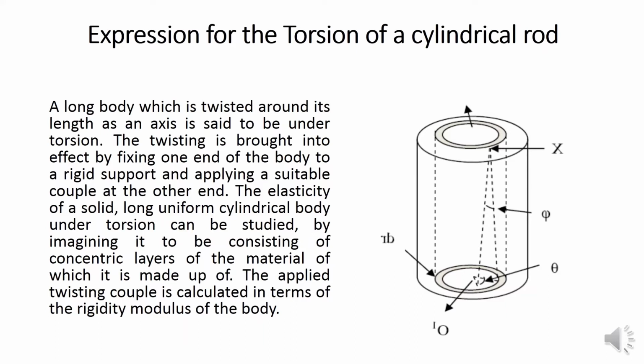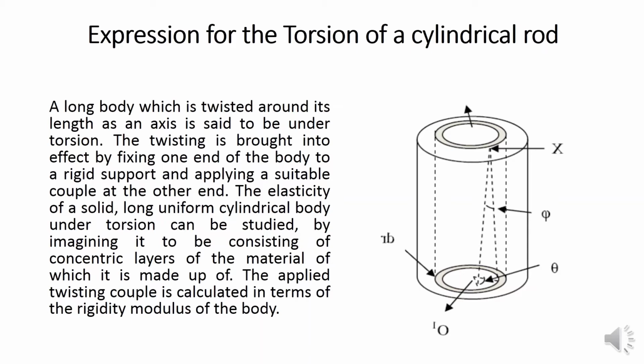See the diagram. We have a cylindrical structure here. Consider a long body which is twisted around its length as an axis, which is said to be under torsion. This twisting is brought into effect by fixing one end of the body to a rigid support and applying a suitable couple at the other end.